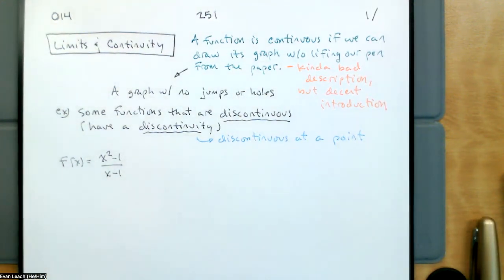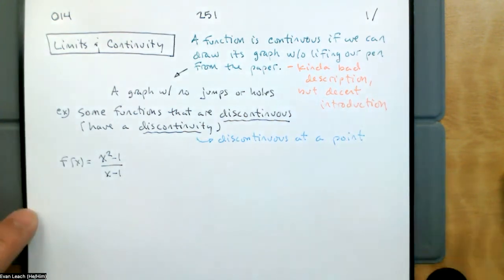Here's an example of a function that is discontinuous. Tell me where this function is discontinuous. At 1. If you try to plug in 1, this function is undefined.